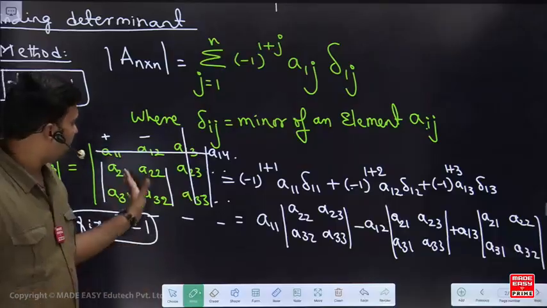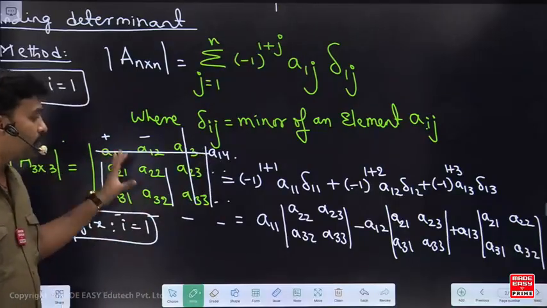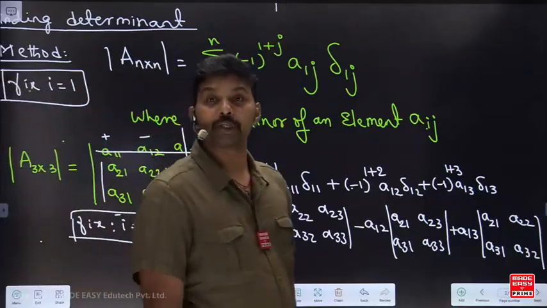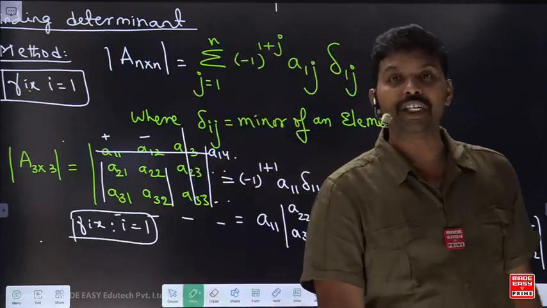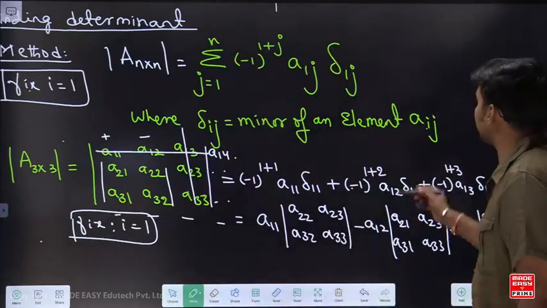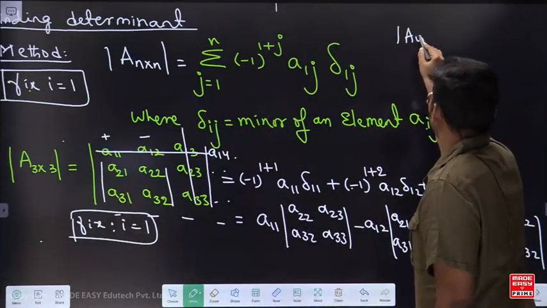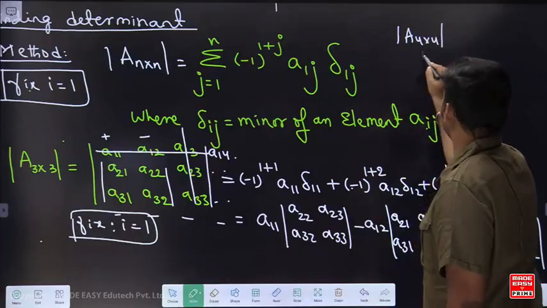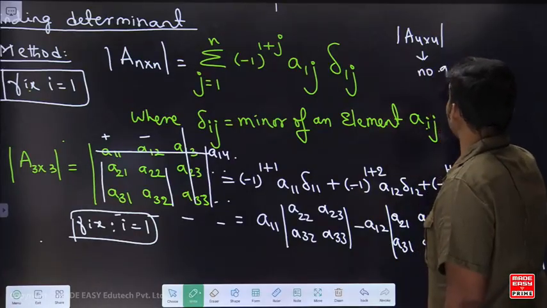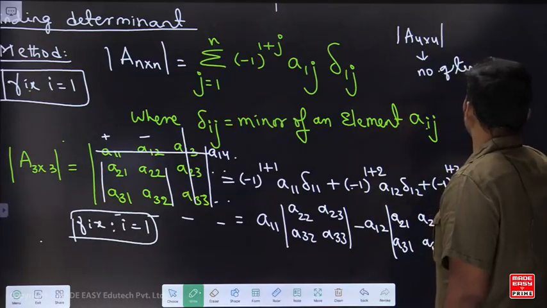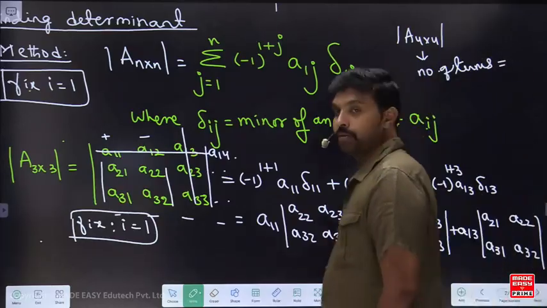Suppose this is 4 by 4, then how many terms will there be in the determinant expansion? How many terms will you have in the determinant expansion of 4 by 4?